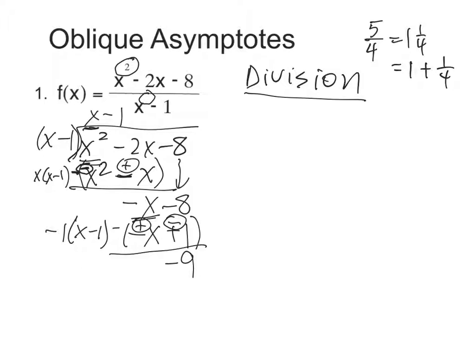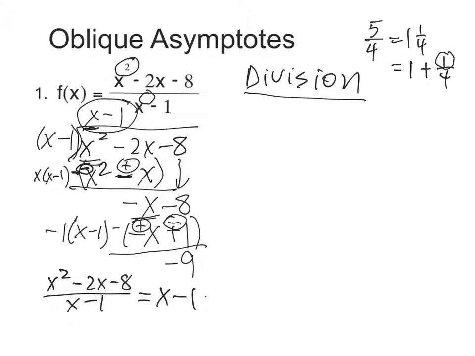Okay, the remainder. That's like what we would do with 5 divided by 4. We'd get 1 as a remainder. So the form here, what we're showing is that x squared minus 2x minus 8, all divided by x minus 1, is the same as our quotient plus our remainder.